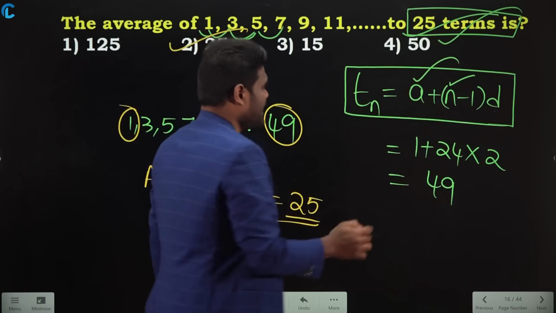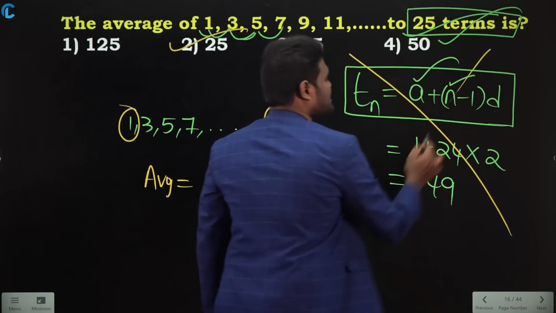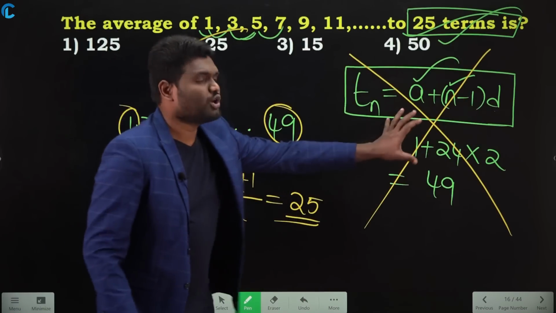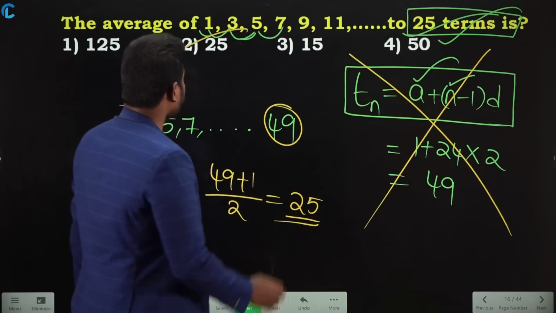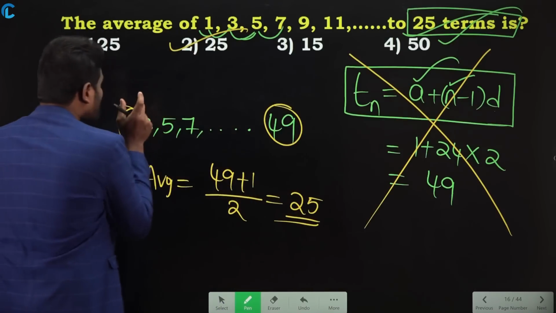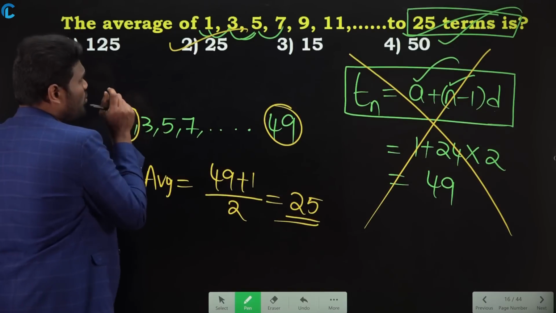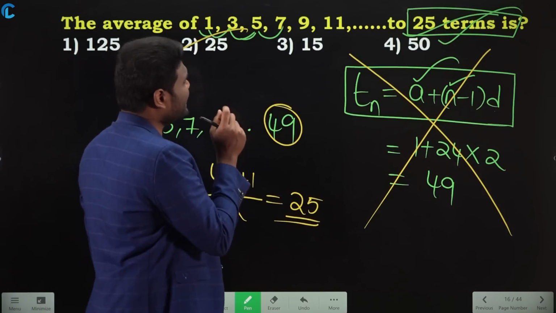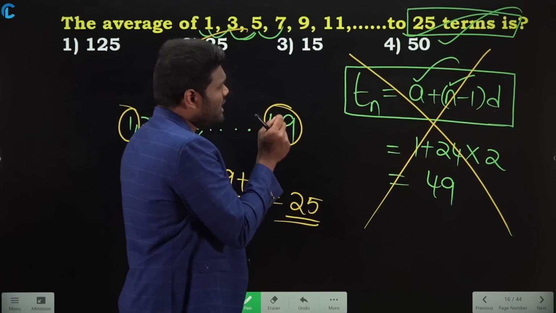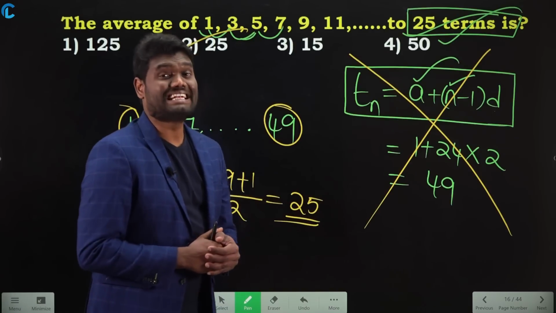And truly speaking, if you have common sense, even this calculation is not required. Why? In this question, it is said the average of 1, 3, 5, 7, 9, 11, and so on up to 25 terms.